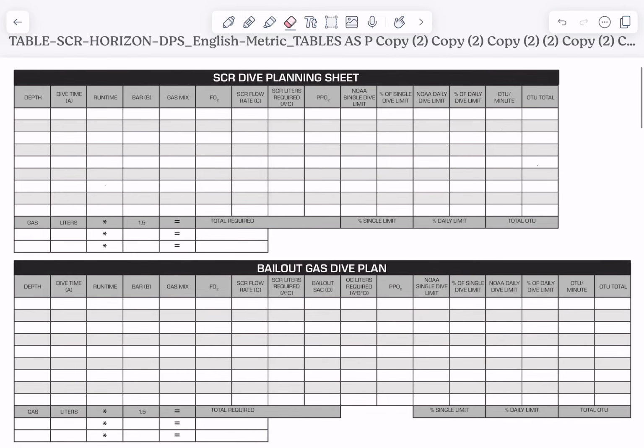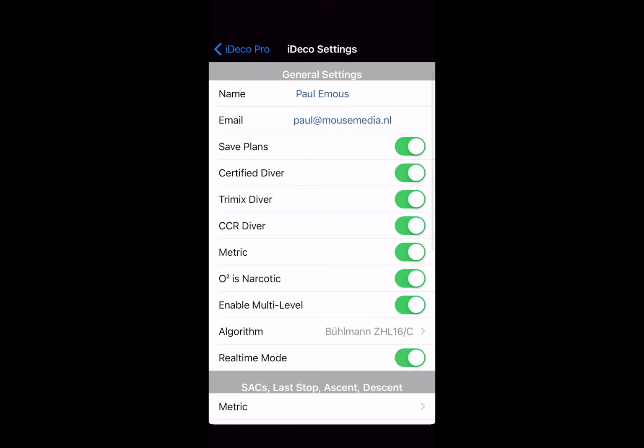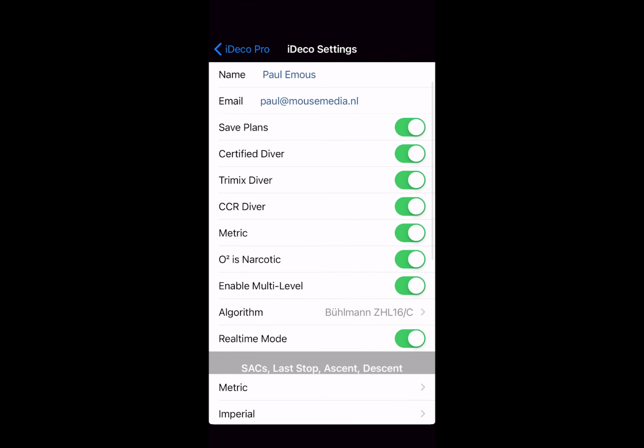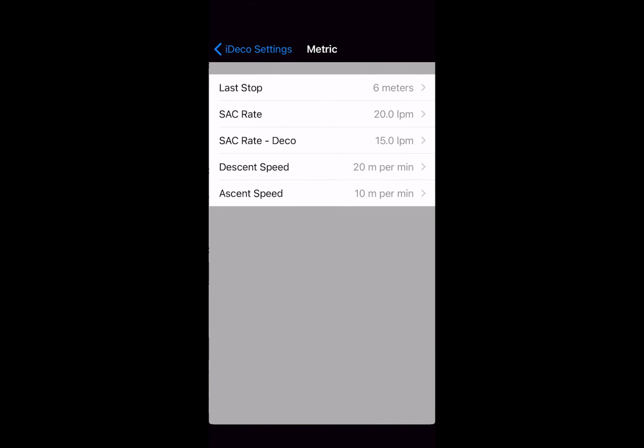If I use iDeco, the first thing I always want to do is go to settings and make sure that a couple of things are there. Obviously, there's some standard information, but I want to go to SAC, last stop, and ascent and descent. I always stop at 6 meters. That's a whole different discussion, but for now, leave it as it is.